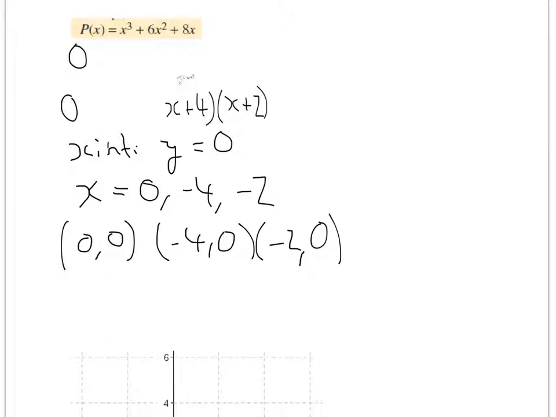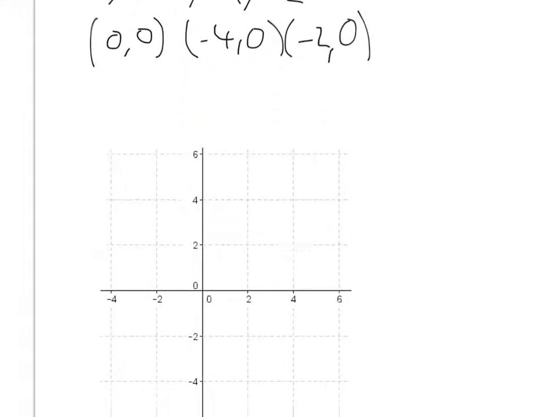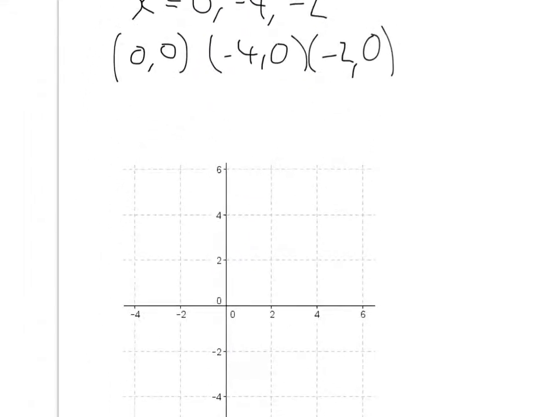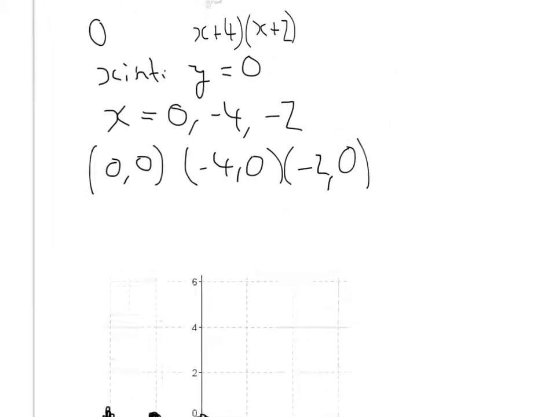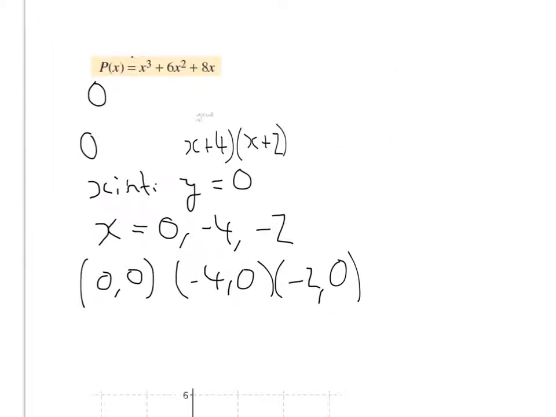And I'll go down to my graph and I'll mark these points pretty quickly. One's in the middle, one's all the way over here, one's over here. Alright, and I need to consider which way does it come out. Now, for my polynomial, the coefficient of x is positive.